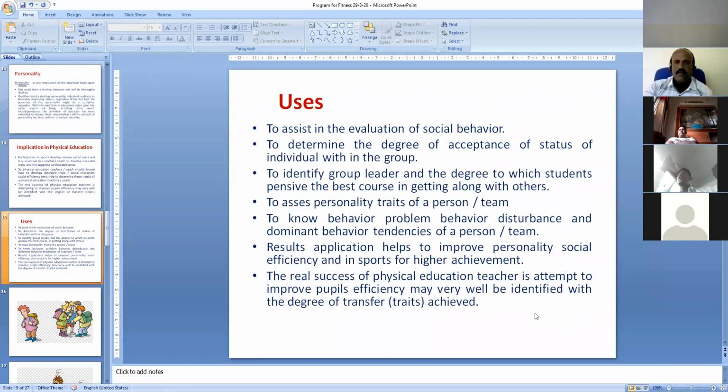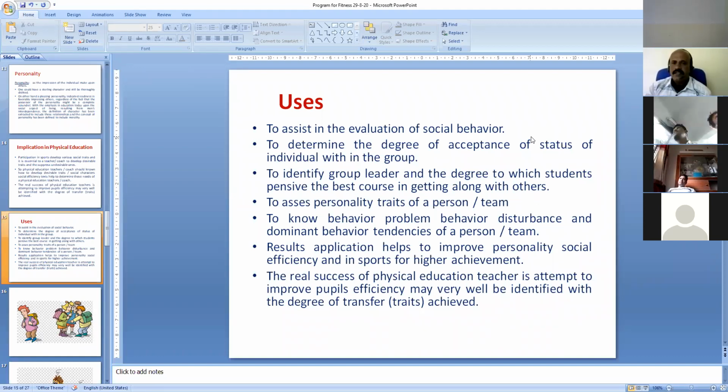And why are these qualities required? To assist in the evaluation of social behavior. It is required to assess or give suggestions or guidelines about the social behavior of the students, to determine the degree of acceptance of the status of an individual within the group.